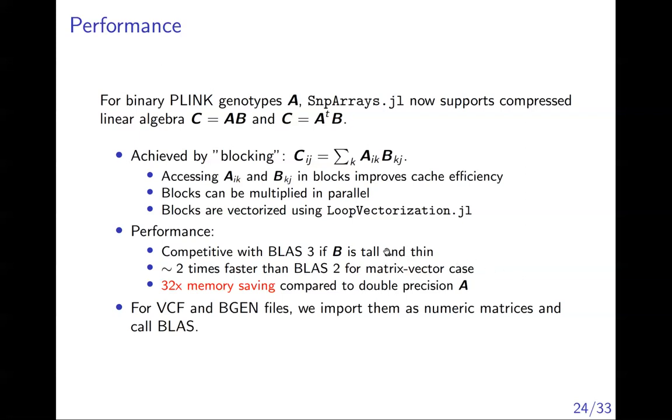And this speed gain is predicated on a compressed genotype matrix A, which is 32 times smaller than a decompressed matrix. So this is for binary Plink files, all of these strategies. If you have other inputs like VCF and BGEN, we will just import them into a numeric matrix and then you use BLAS.